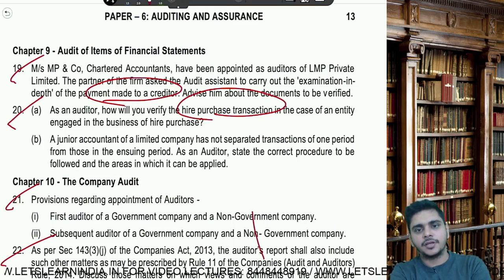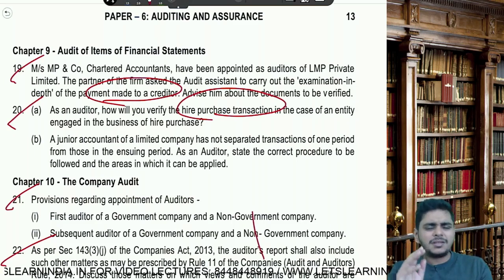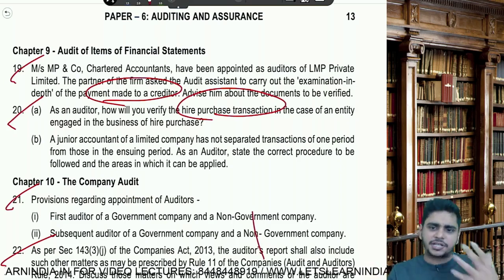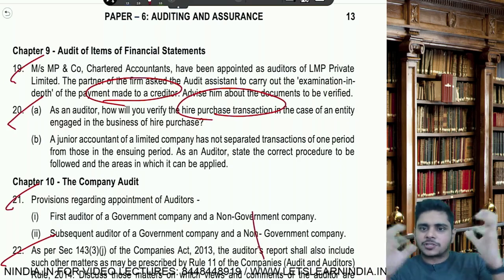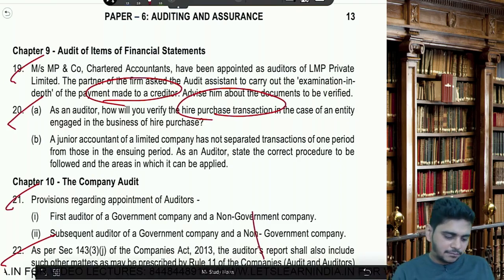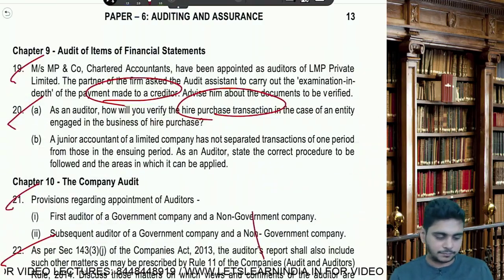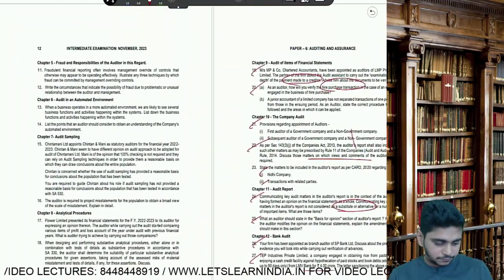Also advise him on the documents to be verified: the purchase bill, GST invoice, goods received note, GST credit, GST ledger, you can check. So all those connected points you have to write. So 19 is easy. Still I am writing it because it's a new variety of question. Done.